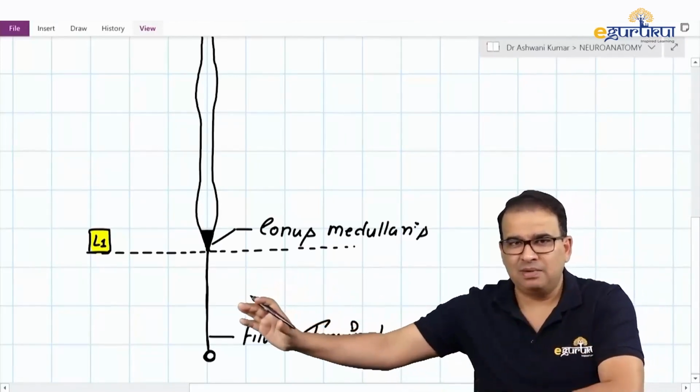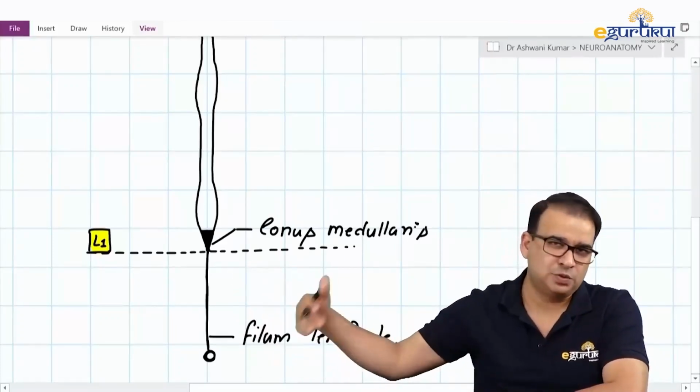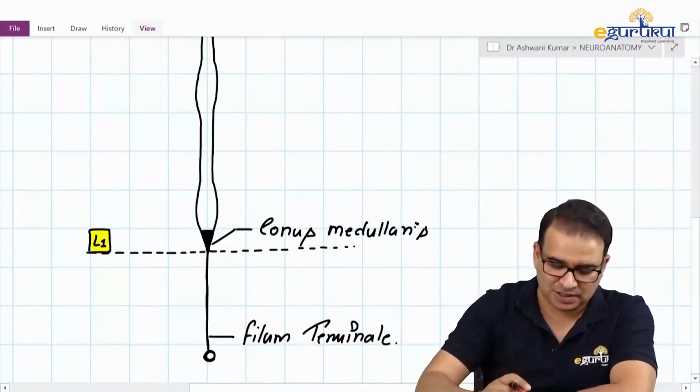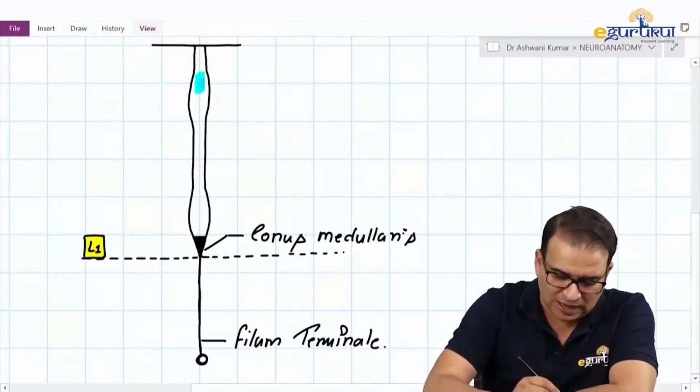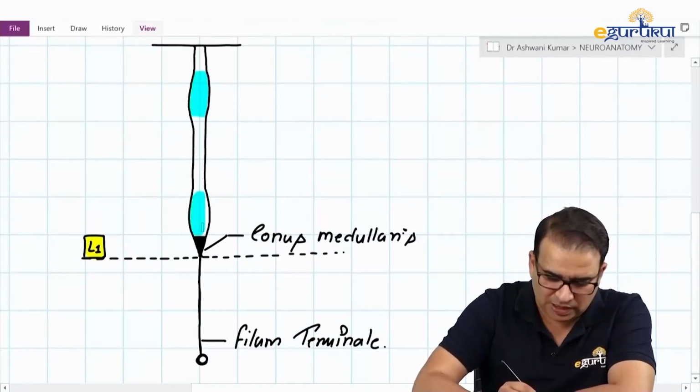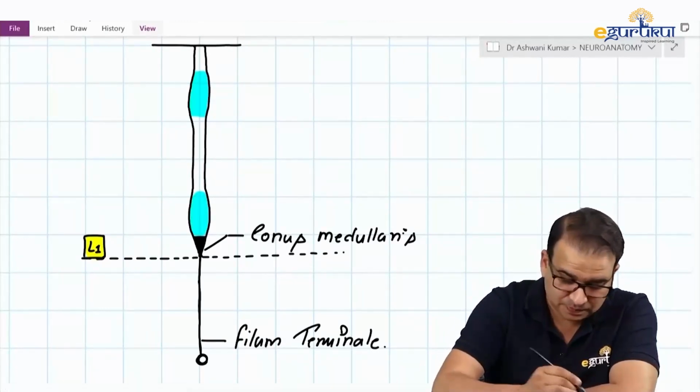Before we go to this filum terminale and the division of the filum terminale, which one is internum, which one is externum, I want you guys to look back at the upper part, and here are the two enlargements we are looking at. One enlargement that you see here is present in the cervical region, and this is the lumbar region, so we call them cervical and lumbar enlargements.